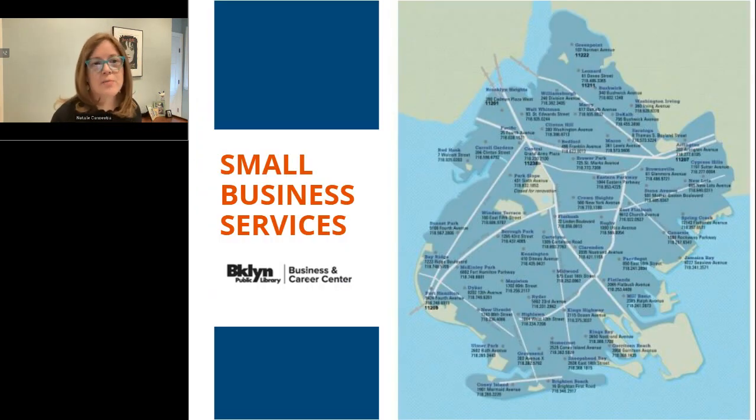So let's talk about our small business services. As I mentioned, I am located in the Central Library of Brooklyn, but we do have 59 branches. And you can walk into any branch, and we don't expect the same level of service at all 59 branches for business. Many times people may just be sent to the Central Library, but we do offer training on how to answer business questions to any of our interested staff who want to attend that.